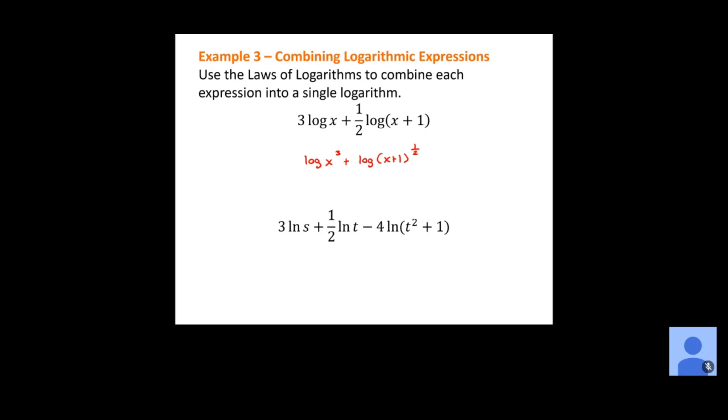That's going to become multiplication because we have 2 common logs this time, so we can combine them. We have the common log of x cubed times x plus 1 to the 1/2 power. And don't try to simplify any of that. We can't distribute the x to the 3rd power because that x plus 1 is being raised to the 1/2. So that's as simplified as we can make that one now.